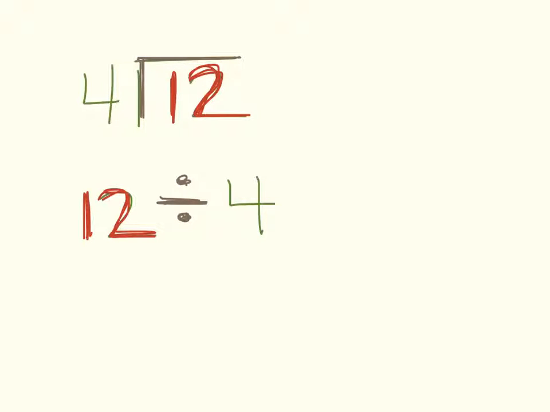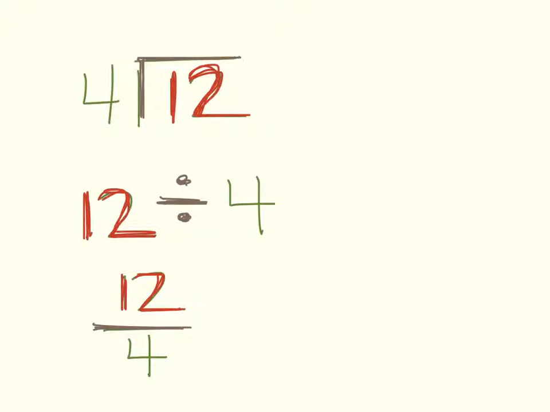Our division sign looks a little different when we're writing it out horizontally like that. Now, the third one is going to look like a format that is very familiar to you, but not in this way. That would be 12 over 4. You may say, I'm starting here at the top, and my division sign kind of looks like a division sign, but the whole thing looks very much like a fraction.